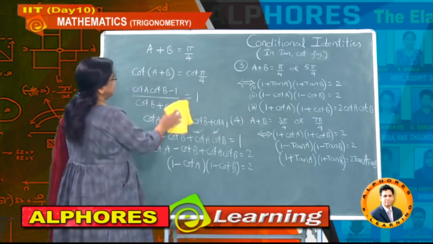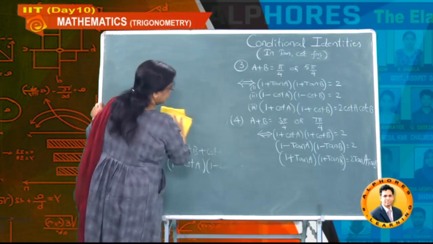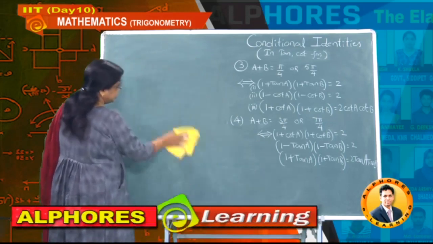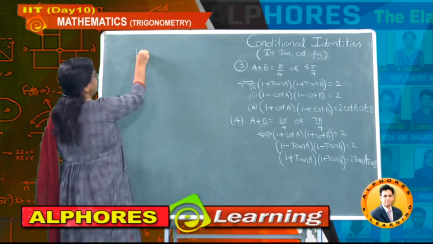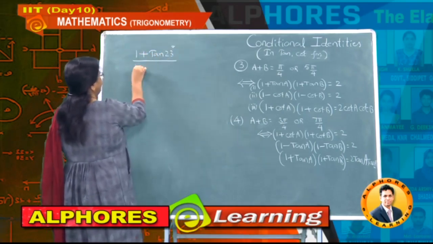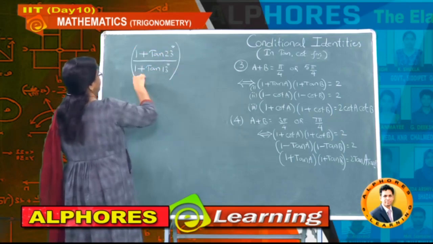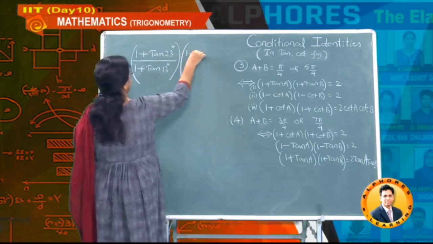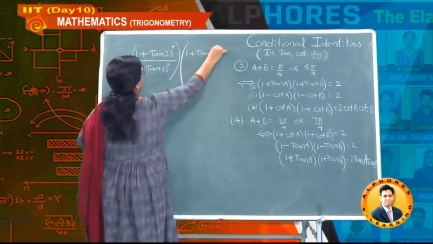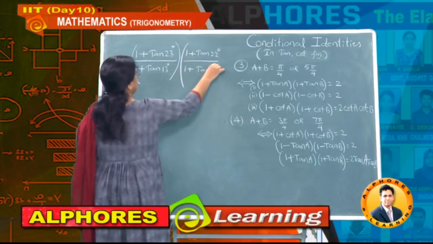Okay. Now let us have one example for this third problem, exactly where it is applicable. Students, you observe, suppose a problem is given: 1 plus tan 23 degrees divided by 1 plus tan 13 degrees, into 1 plus tan 22 degrees divided by denominator 1 plus tan 32 degrees.